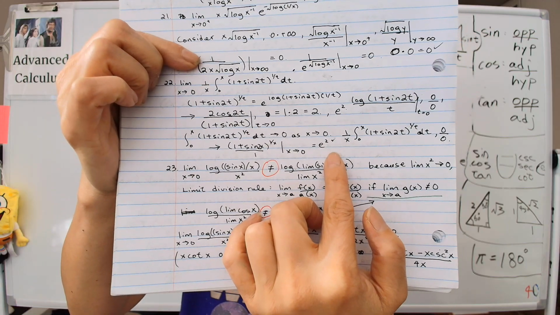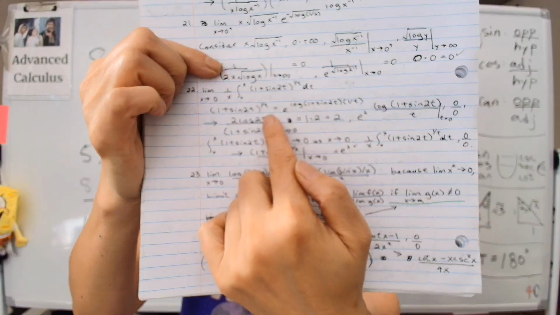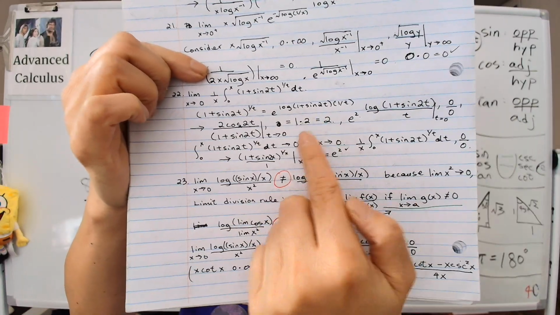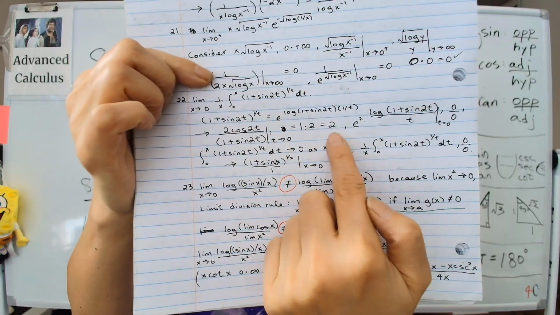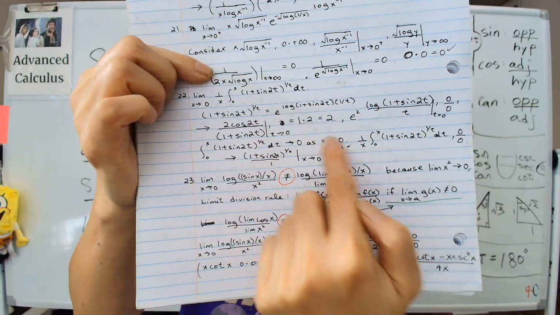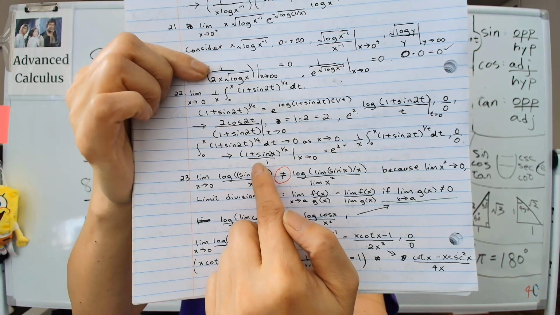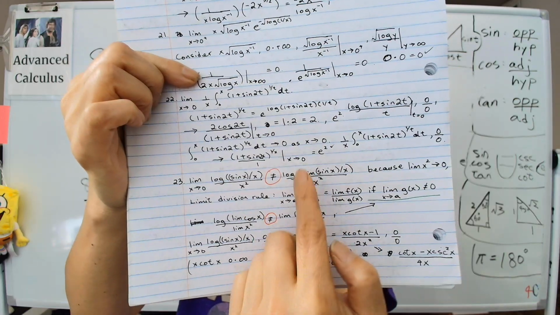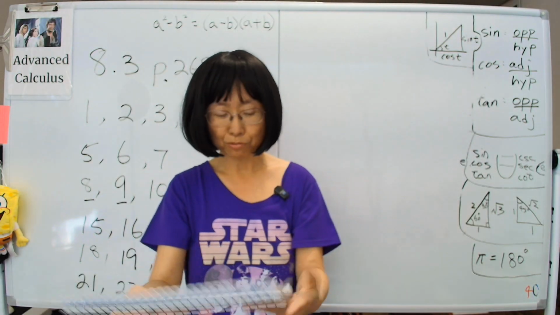It's because we already did this: 1 plus t, to the 1 over t, putting it in here. The part in here equals 2, so the whole thing converges to e squared. So we know this thing as x goes to 0 equals e squared, as we have just done. So the answer to problem 22 is e squared.